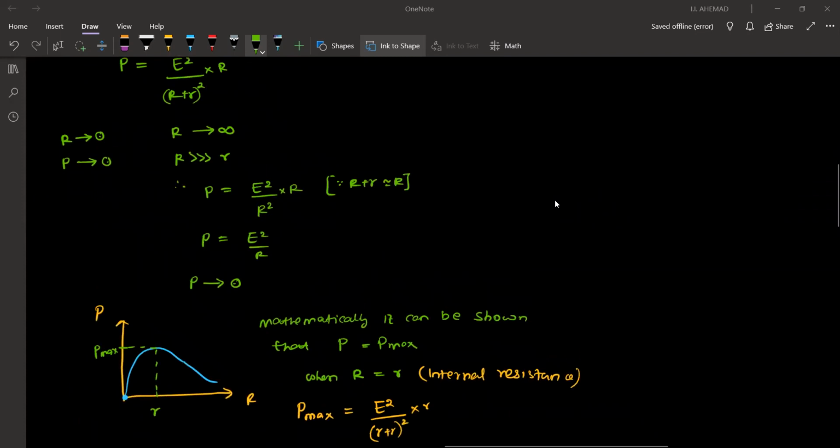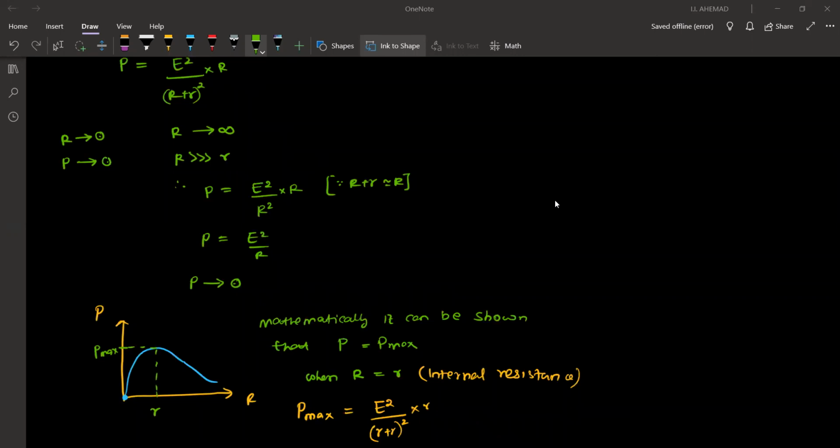When R goes to infinity, R is very much greater than small r, so the equation reduces to something like this, and we get that P also tends to 0.